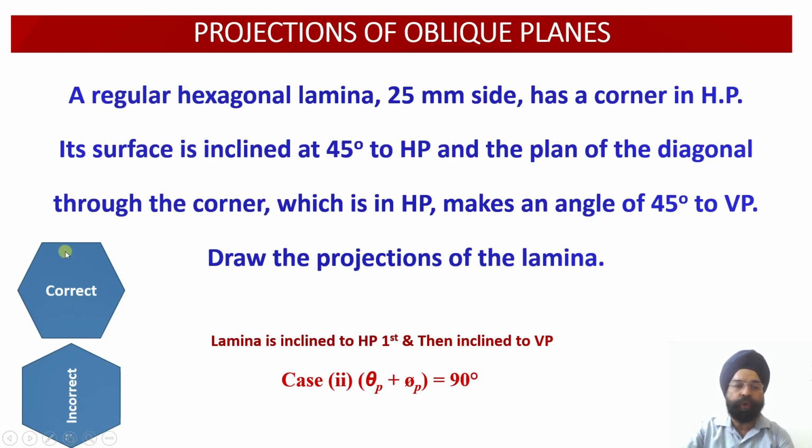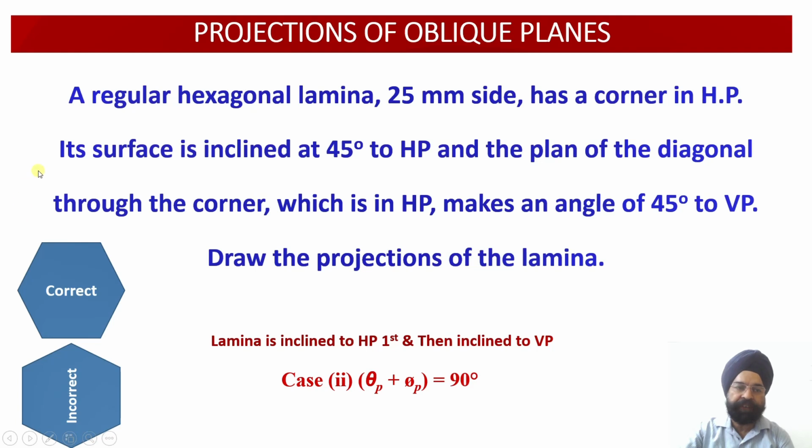So what we have to do, we have to draw this hexagonal lamina in this orientation below the XY line. Why? Because if I draw the hexagonal lamina in this orientation and in the front view there will be the edge view, whether I lift this edge view from here, this corner, 45 degree to HP, still my hexagonal lamina will be resting on the horizontal plane on one of its corners.